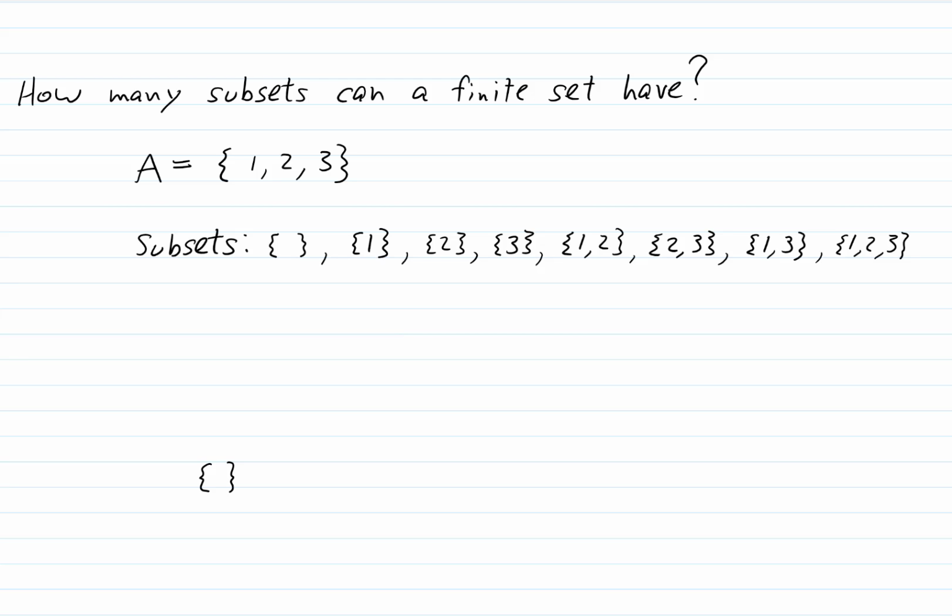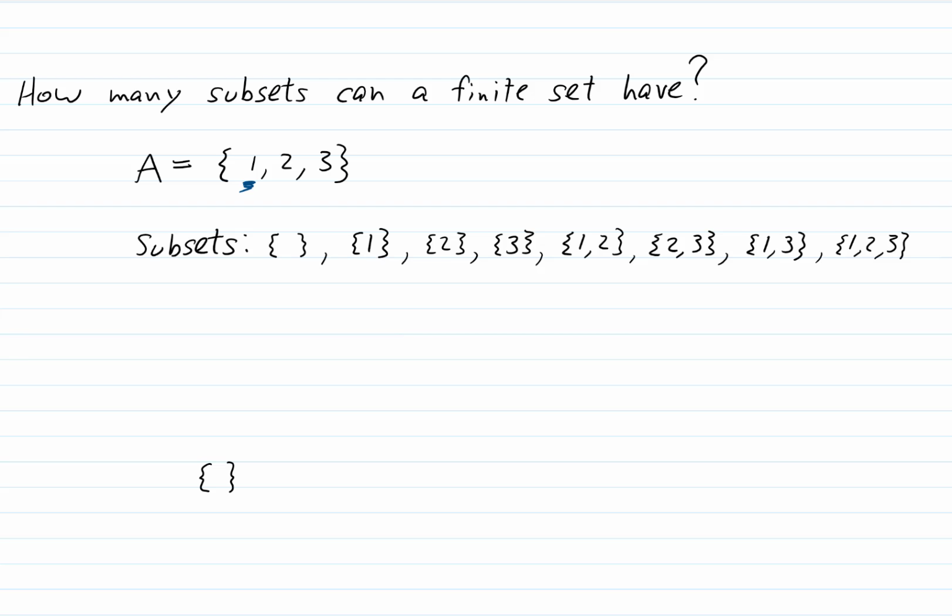Instead of saying, now let's write down all of the sets with 1 element, what if I did this instead? What if I said, let's look at the number 1. Okay? And I can decide to include the number 1 or not.